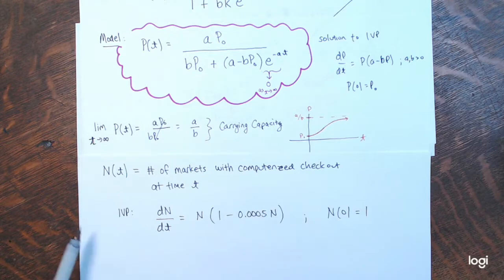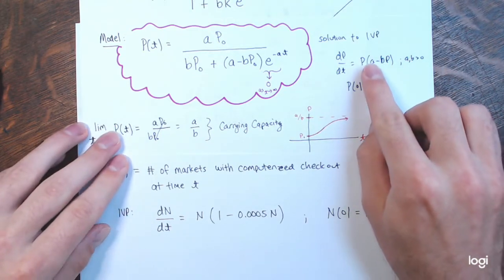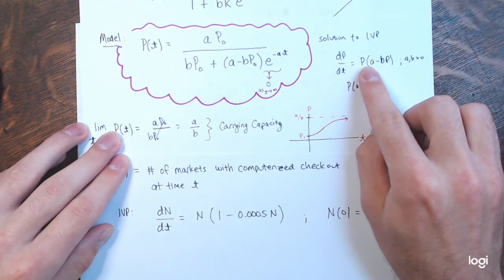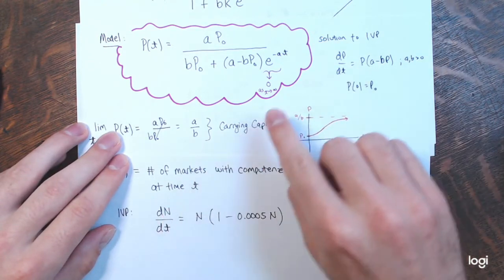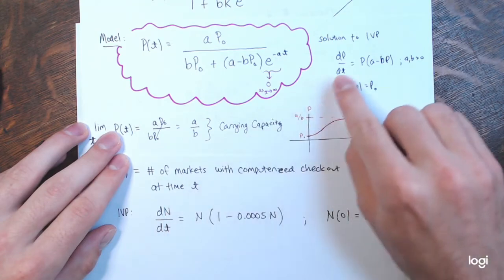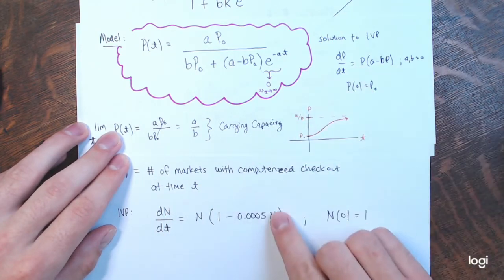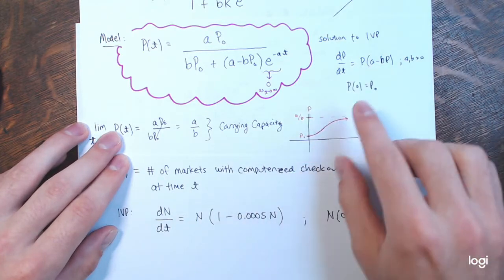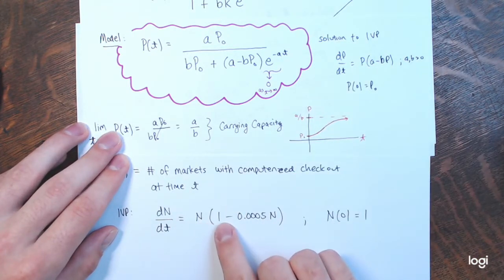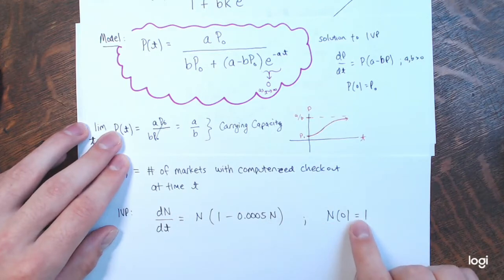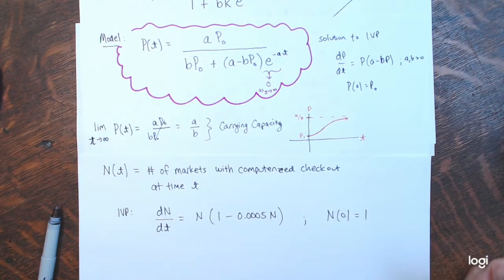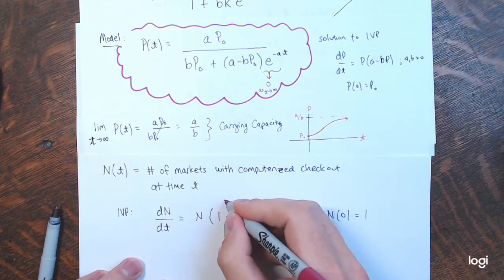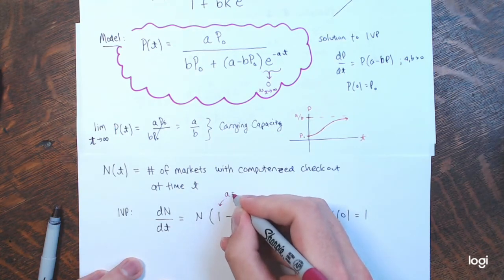You see here, this is exactly like our logistic equation. Instead of p, I have n. It's in the same form: n times a minus bn, and then n sub 0 is 1. So the value of a is 1.